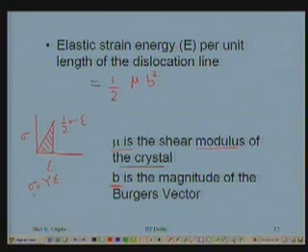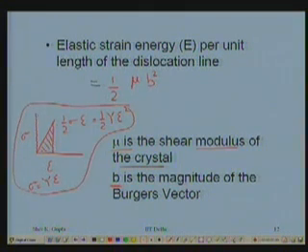If I substitute sigma by Young's modulus times epsilon, this becomes 1/2 modulus times epsilon squared. I have not derived the above relationship, but I am showing you how it is obtained. b, the magnitude of the Burgers vector, is the amount of displacement. This is the measure of the strain. Mu is the shear modulus, because I am talking about shear taking place. So instead of Young's modulus, I am using the shear modulus.